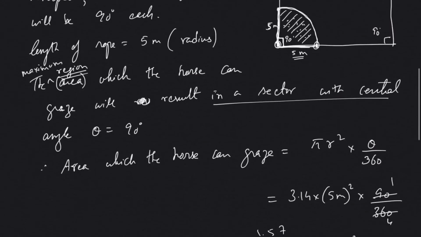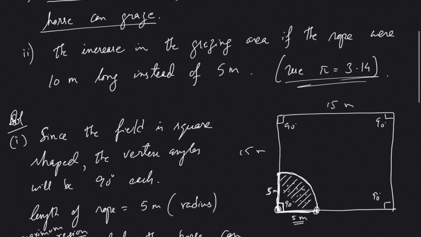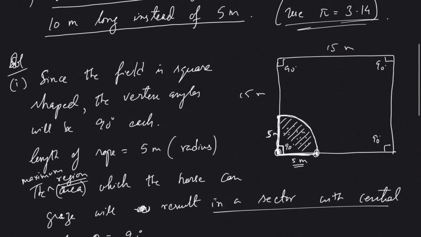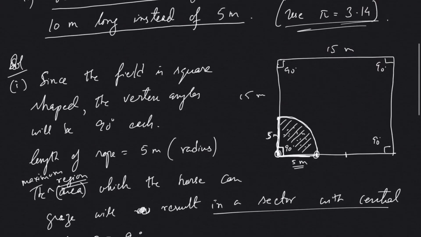And the second part of the question states, also find the increase in the grazing area if the rope were 10 meter long instead of 5 meter. That means if the rope is 10 meters long, here also the central angle will remain the same, 90 degree.